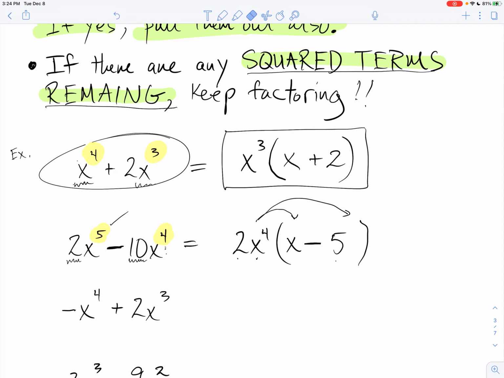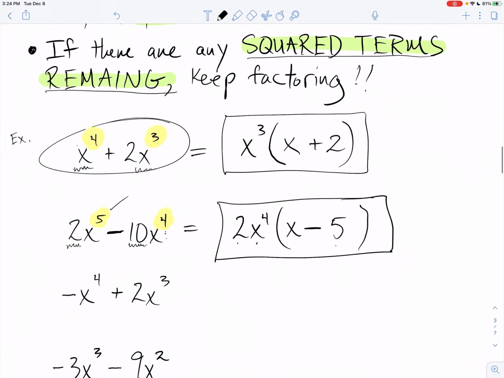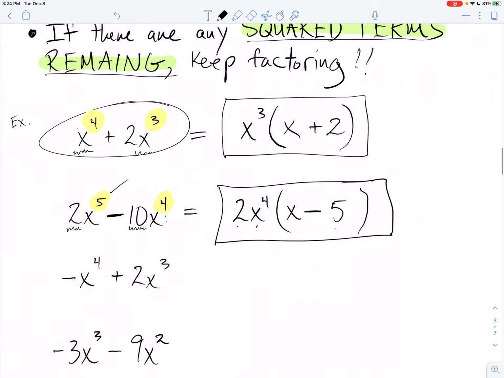So I'm going to erase those arrows again, and that is all I can do, because nothing left over here is squared. We don't ever write those in because it looks weird, but if there's squared stuff remaining, I keep factoring. Otherwise, I'm done. So this lesson is all about just factoring until you can't factor anymore.